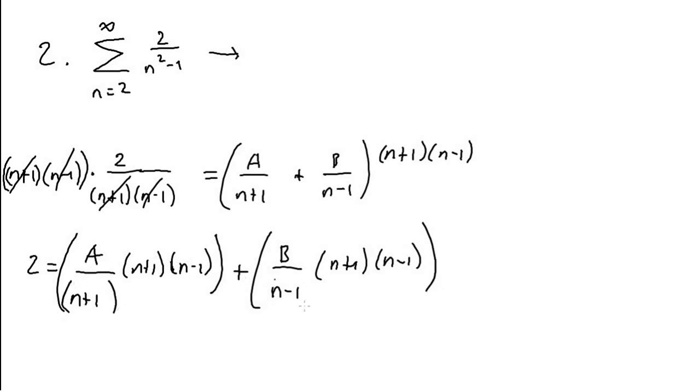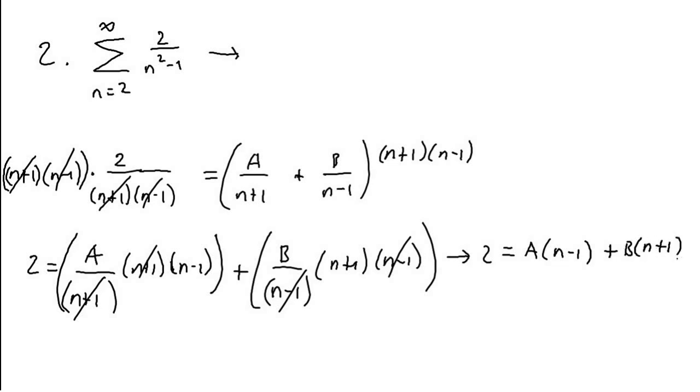Notice the n plus 1s will cancel on the a side, and on the b side the n minus 1s will cancel. So simplifying, we get 2 equals a times n minus 1 plus b times n plus 1.